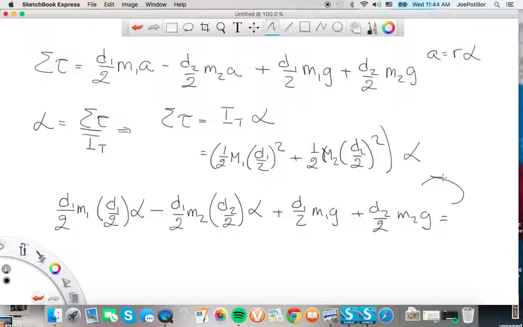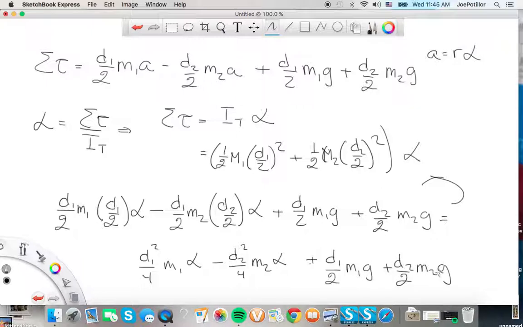Now we have alphas we want on the same side here. After doing the painful algebra to simplify the bottom here, that becomes d1 squared over 4 m1 alpha minus d2 squared over 4 m2 alpha plus d1 over 2 m1g plus d2 over 2 m2g.